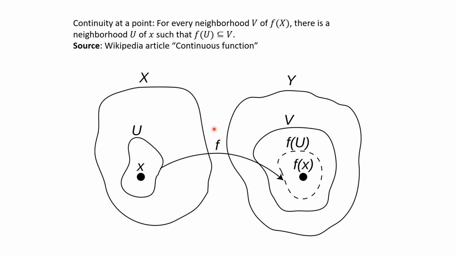If we look at the figure, what this is saying is that we're continuous at x, where little x is a point within our metric space capital X. For every neighborhood V about our point f of x, there exists a neighborhood U about x such that when you apply f to U, f applied to U is a subset of V. So that's pretty simple, and that's continuity at a point.